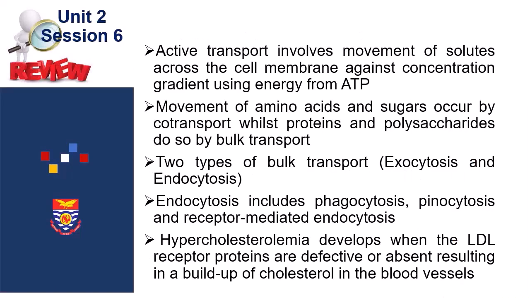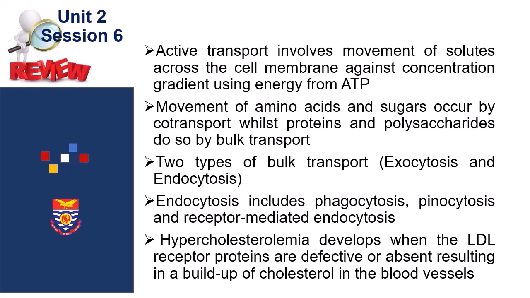In summary, under this session, we've learned about active transport, which involves the movement of solutes across the cell membrane against concentration gradients, requiring the use of energy in the form of ATP. We've also learned that the movement of amino acids and sugars occurs by co-transport, while proteins, polysaccharides and other large molecules move by bulk transport.